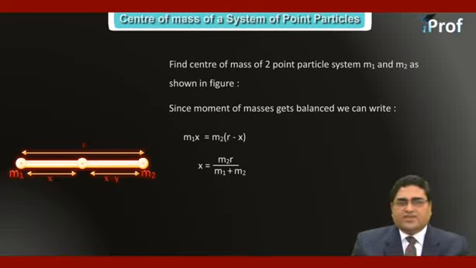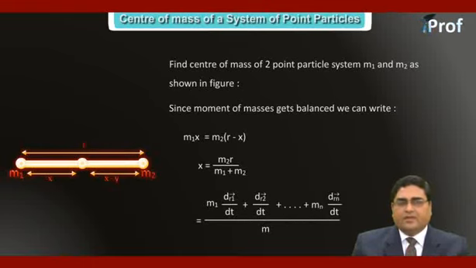Now, the position vector of the center of mass is M1 R1 vector plus M2 R2 vector plus dot dot Mn Rn vector divided by total M. If we differentiate the equation of position vector with time, we get the velocity of the center of mass, and if we again differentiate the velocity of the center of mass with respect to time, we get the acceleration of the center of mass.